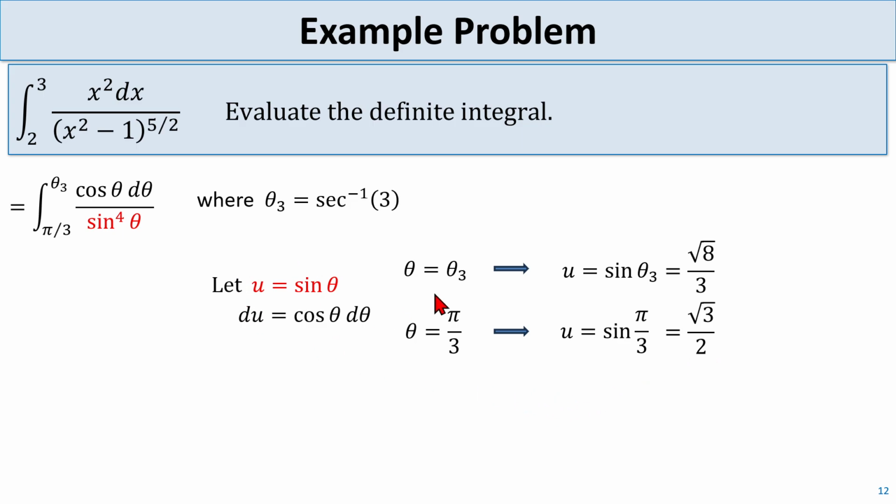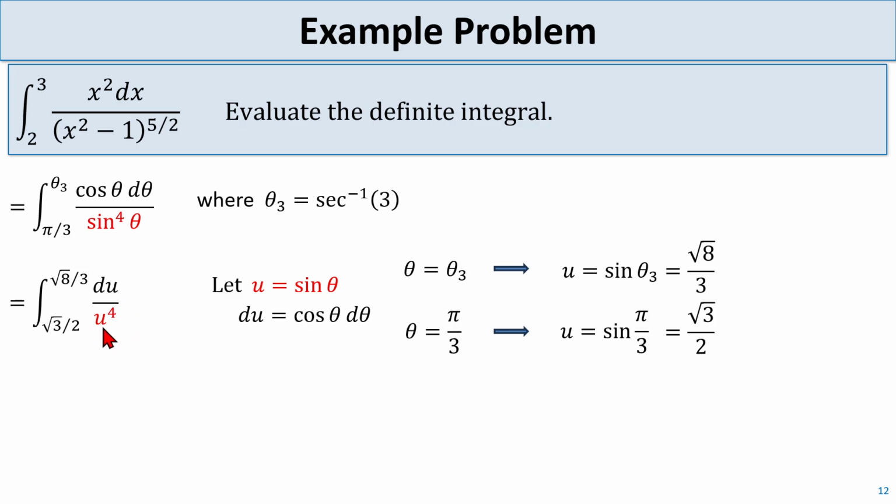So now we have our new variables, our new limits. We can change our integral. It is now the integral of du over u to the power 4 with our new limits of integration.